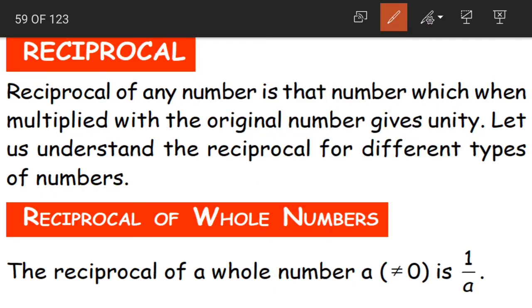It can be any whole number we take except 0. Whole numbers start from 0, 1, yes. So except 0, for all the whole numbers, the reciprocal would be 1 by A. Now if I take the number 5, it is a whole number. The reciprocal would be 1 by 5.